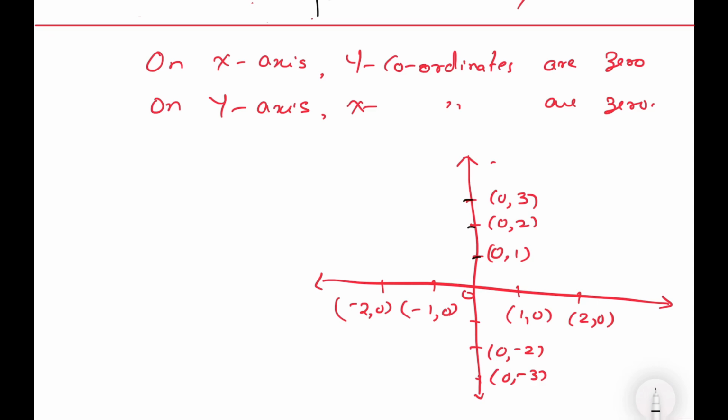So all the x coordinates on the y axis are 0. This also you will be using in many of the questions. So remember, on x axis y coordinate is 0, on y axis x coordinate is 0.